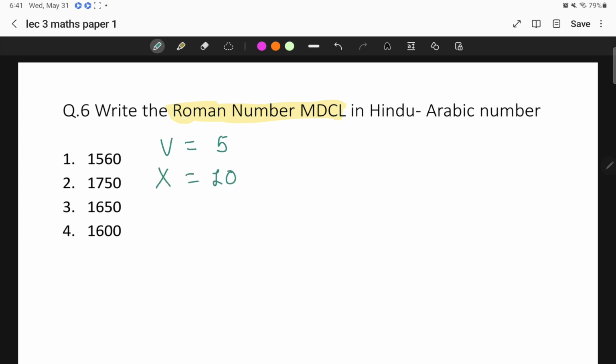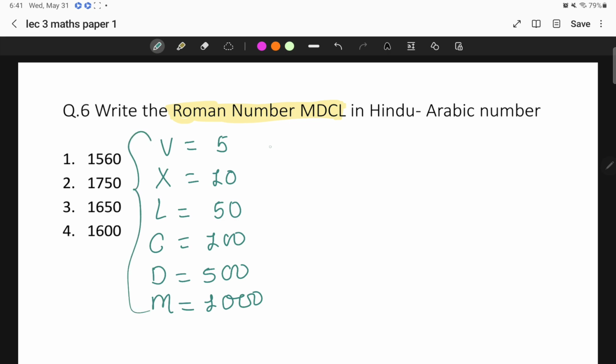If you don't know this particular system, just write it down in your notebook: V stands for 5, X stands for 10, L stands for 50, C stands for 100, D stands for 500, and M stands for 1000.